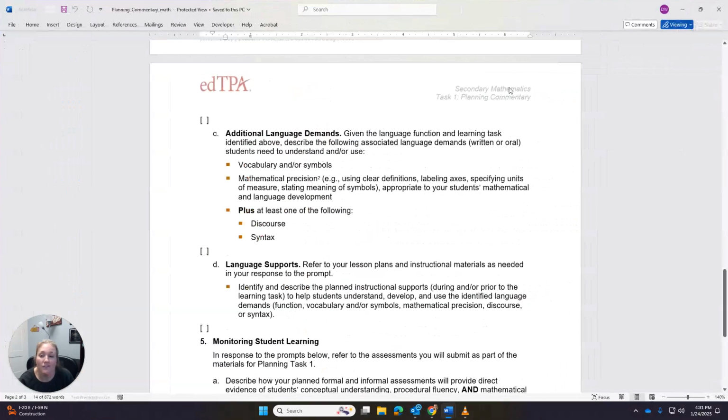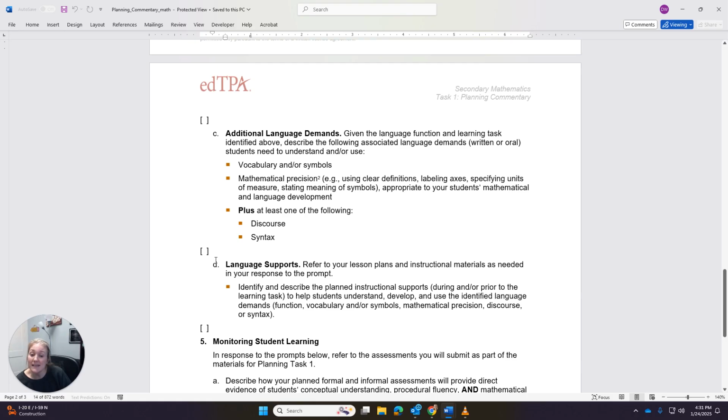After you have listed the very specific things that they are going to need to know, you're just identifying them. You're not stating how you're teaching them in 4C. You're just identifying what they need to know.